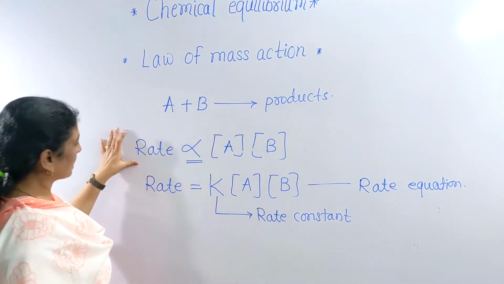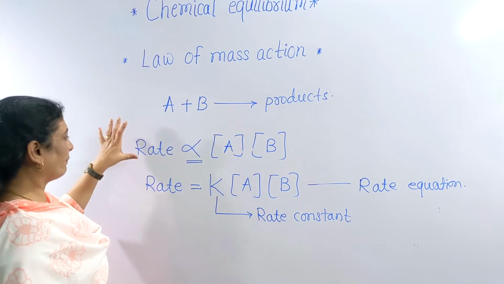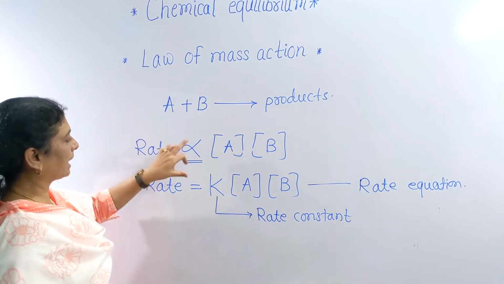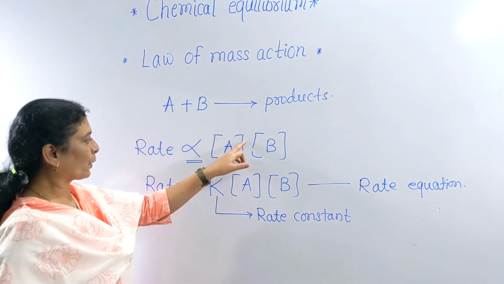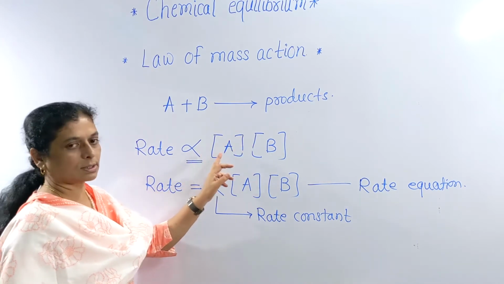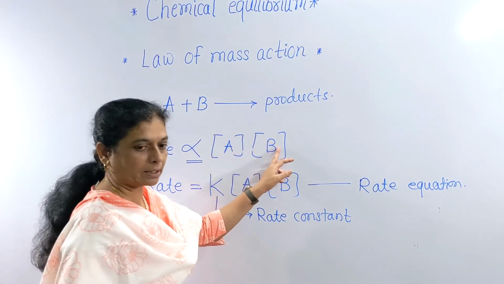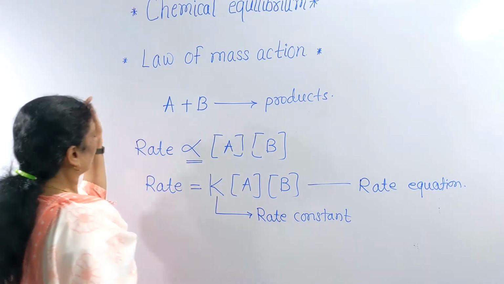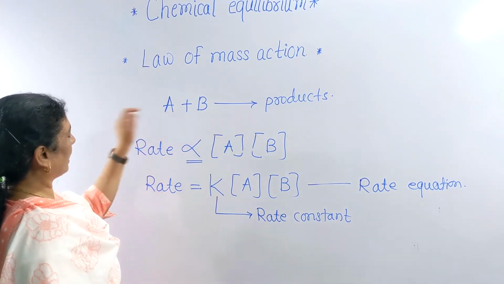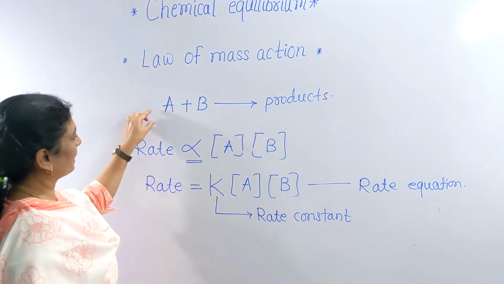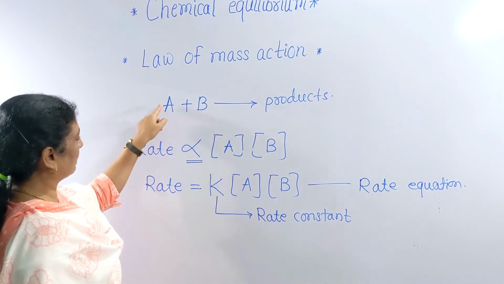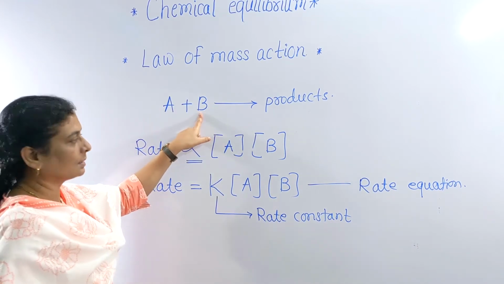According to law of mass action, we have stated that rate of any reaction is directly proportional to product of molar concentrations of the reactants. Now here we have taken only 1 mole of A and 1 mole of B. That is the stoichiometric coefficient of A here is 1, stoichiometric coefficient of B is here 1.